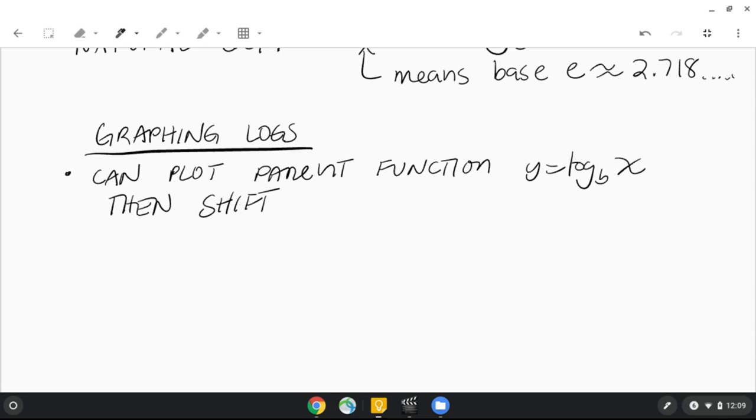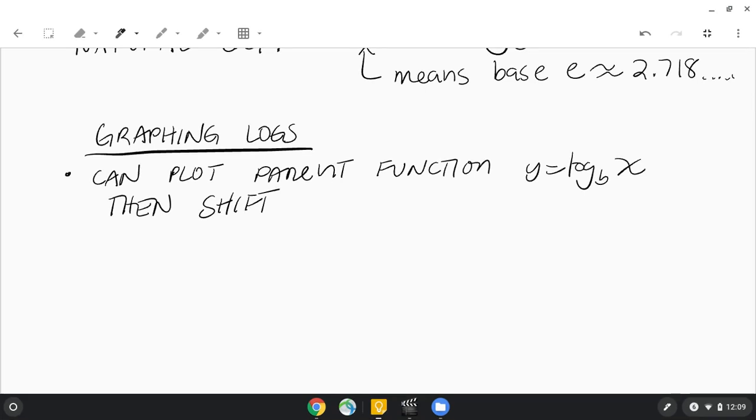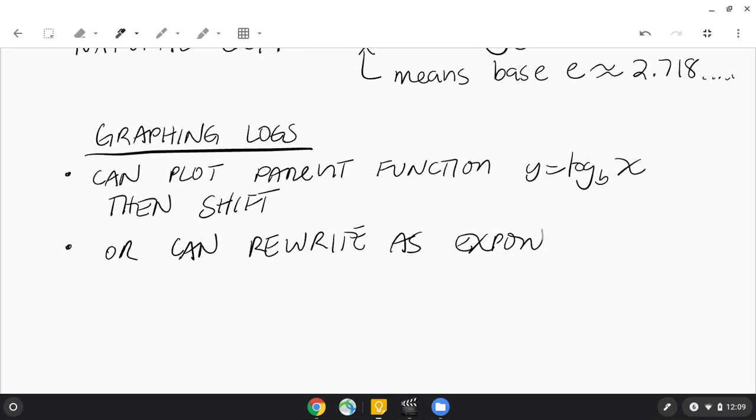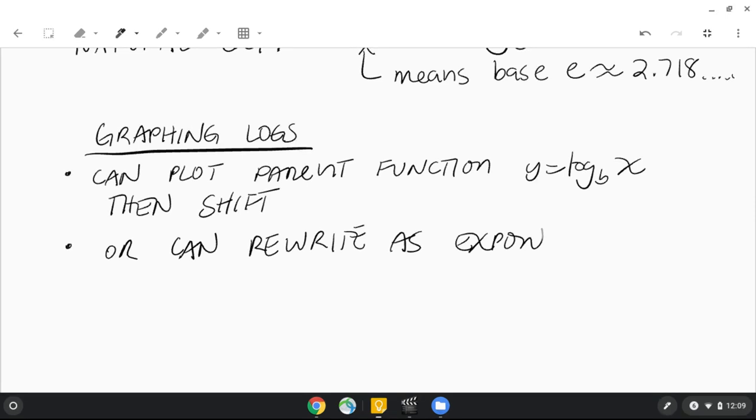Plus 3 means up 3, minus 3 means down 3, etc. Or you can rewrite as an exponential, then graph it.